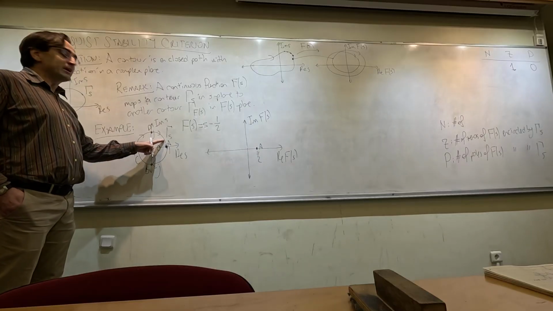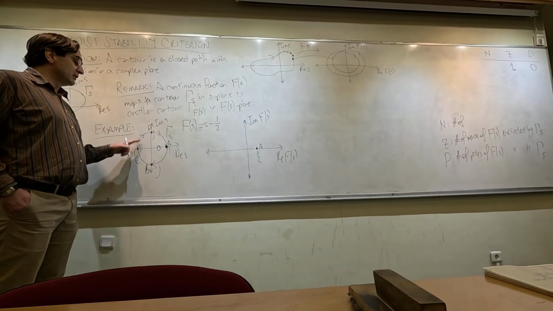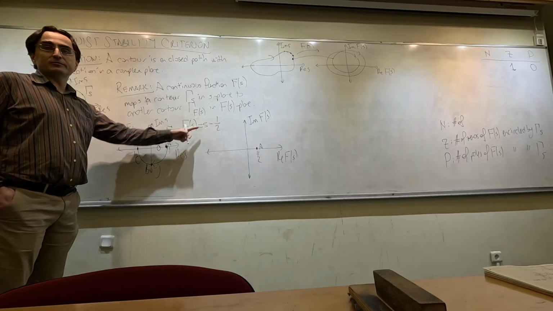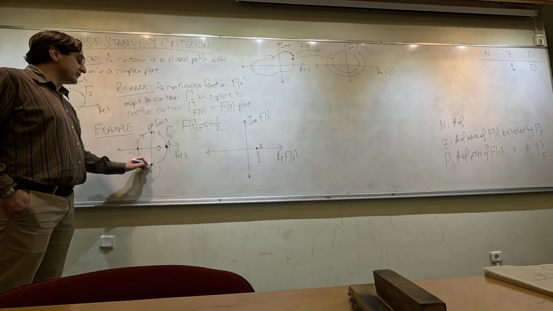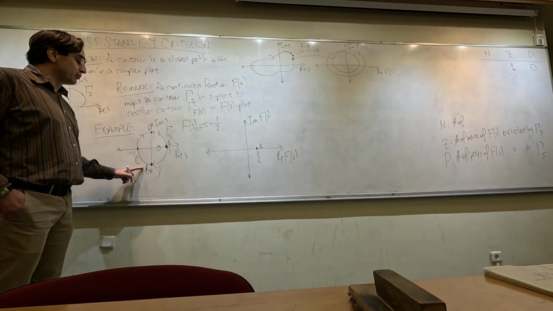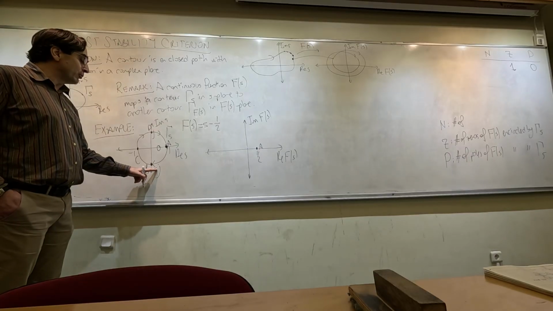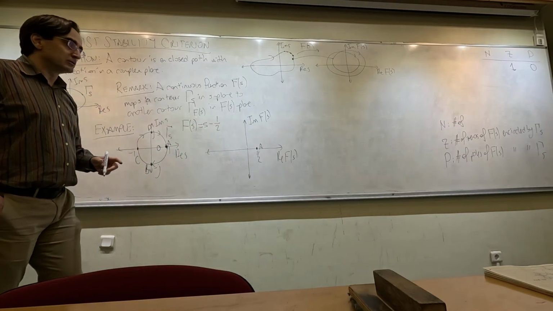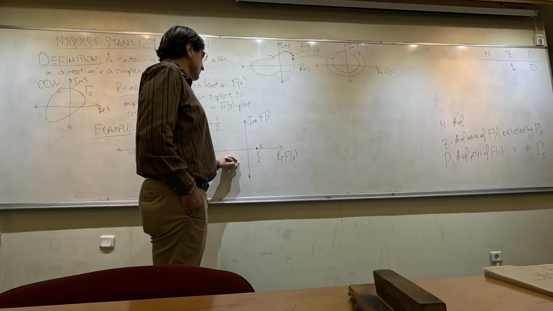I can transform any point here on this contour by this transformation. For example, if I transform this point, which is the point B, the new point is going to be minus j minus 1/2. Okay? So it's going to be somewhere here.